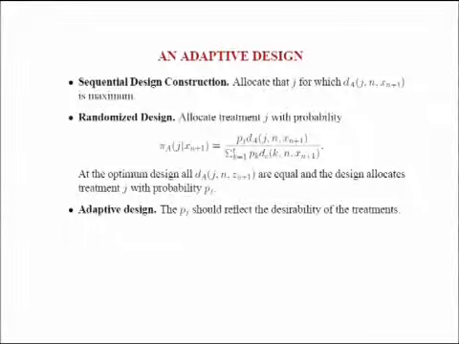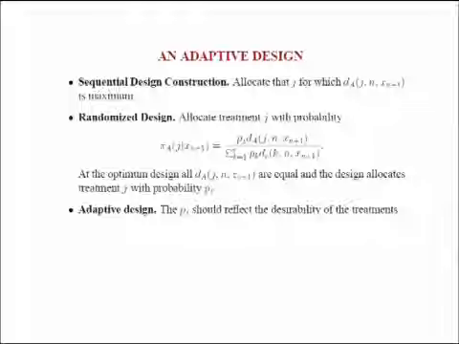So in the sequential design, as I said, you allocate that treatment for which this variance, the number of patients who've already got the new vector of prognostic factors, is a maximum. One way of generating a design with some randomization is to allocate the treatments with probabilities proportional to this.